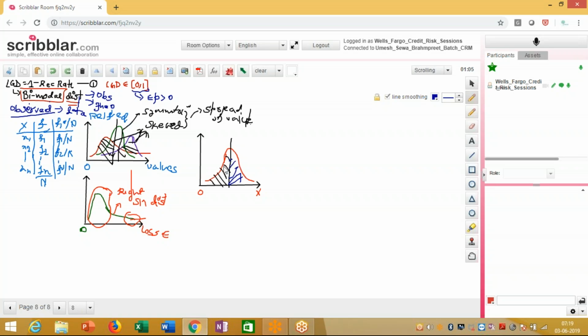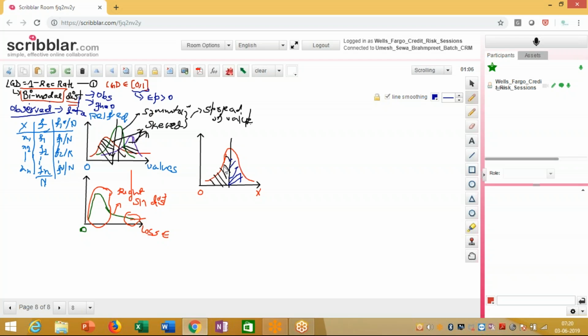Okay. Now coming back to the question, these are the three types of observed distributions that we generally have, right? Three broad types. Now let's try to understand how the observed distribution for LGD variables would look.